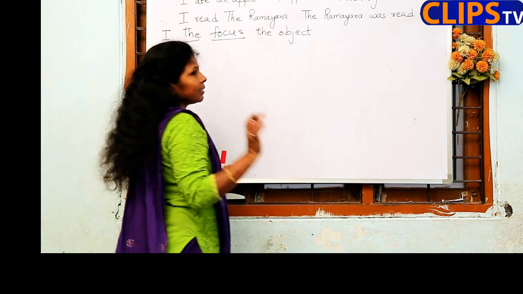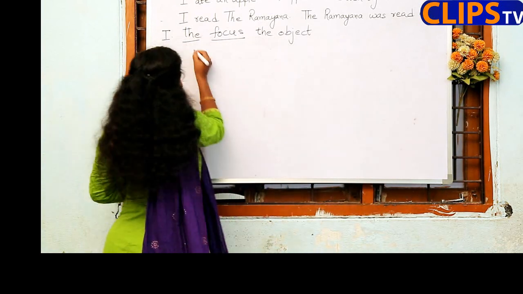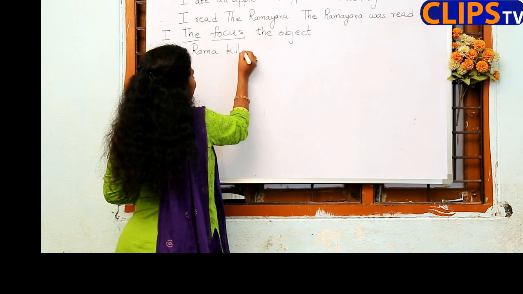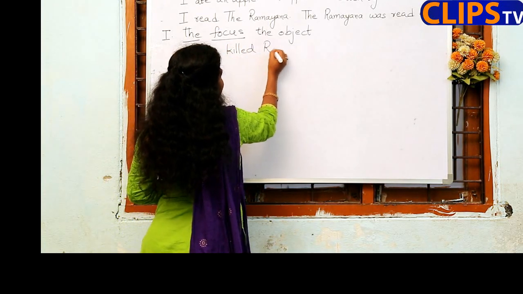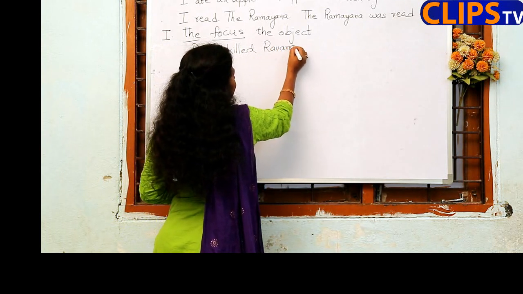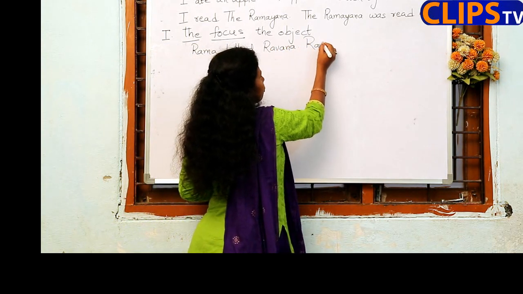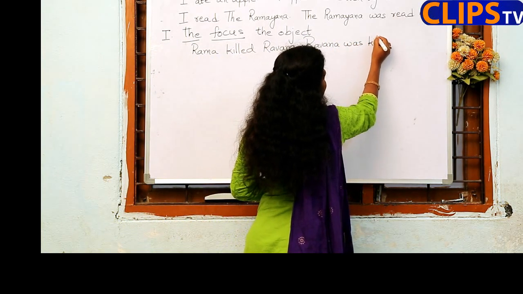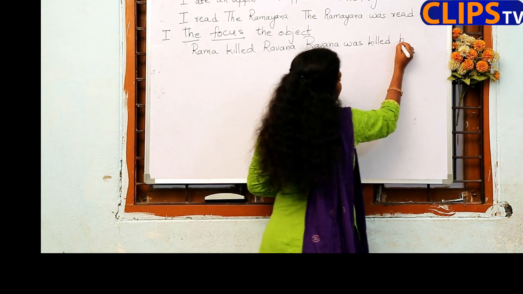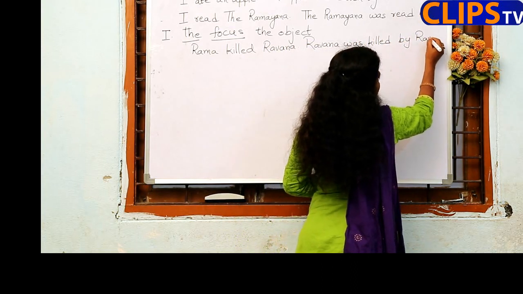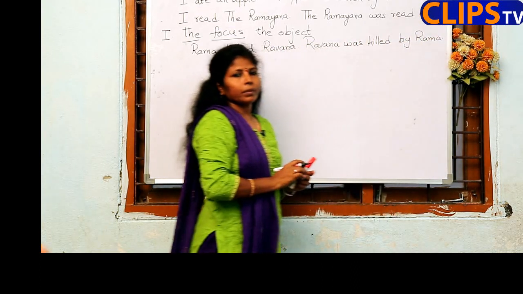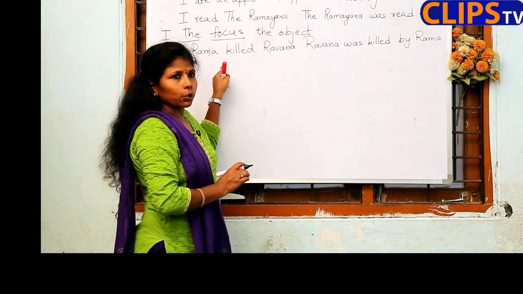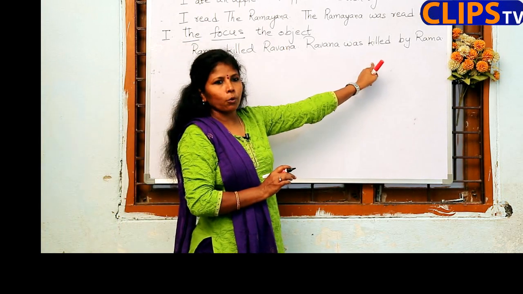For example, this is the one we learned from school. Rama killed Ravana. Nobody ever forgets, I think. Rama killed Ravana, and changing it into passive voice: Ravana was killed by Rama. Why did we change active voice to passive voice?